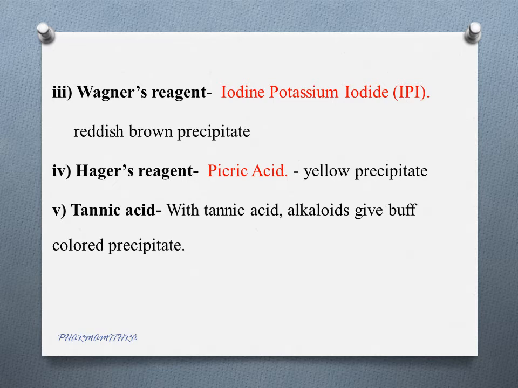It also gives a reddish brown precipitate, like the first one, Dragendorff's reagent. Hager's reagent contains picric acid, which produces a yellow precipitate. And finally, the test for alkaloid is tannic acid: with tannic acid, alkaloid gives a buff colored precipitate.